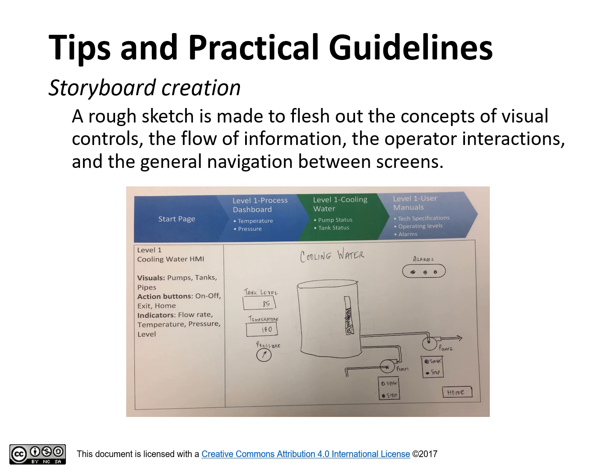It is imperative that operator interactions are fleshed out at the outset. Finally, the general navigation between screens must be considered to realize an effective economy of the movements of displays.